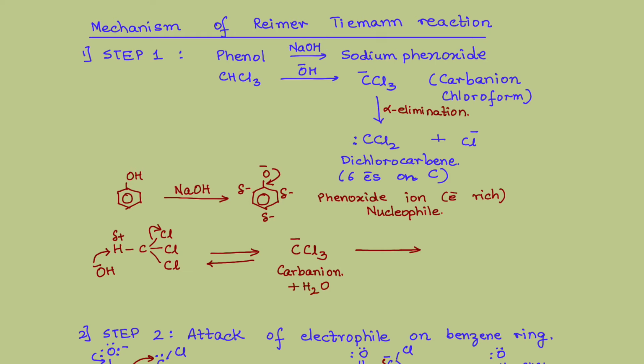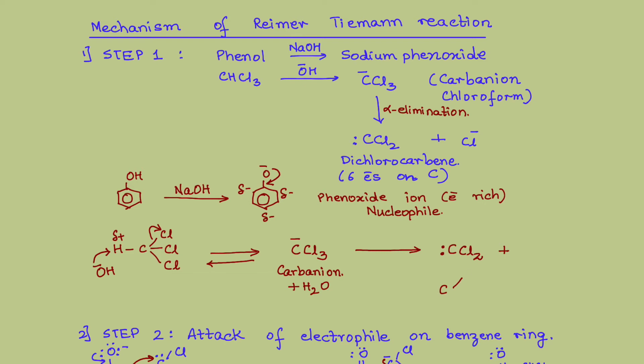Now because we've got a strong alkali in the reaction mixture, the CCl3 ends up losing the Cl negative ion from this molecule, the carbon anion that has been formed. Our carbon is now left with a lone pair of electrons.